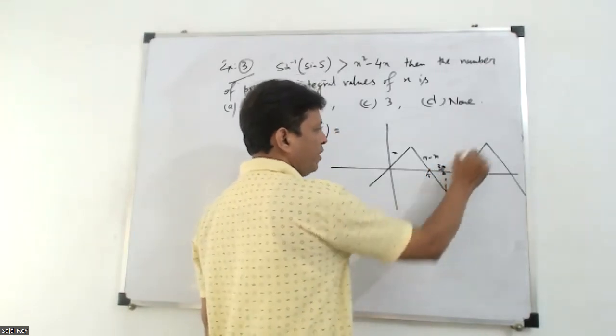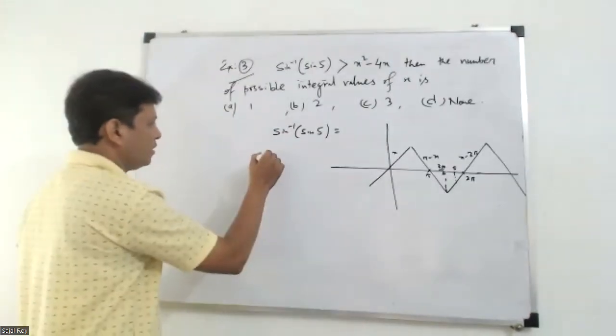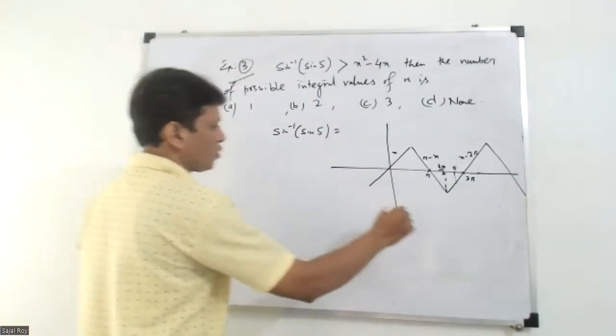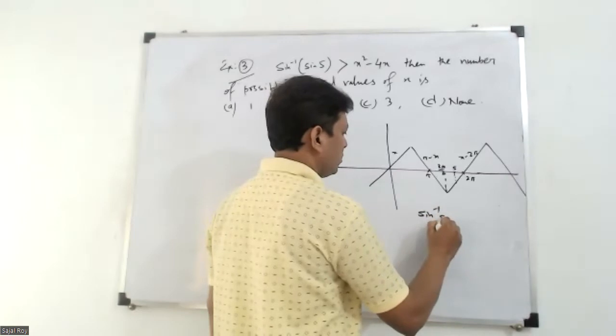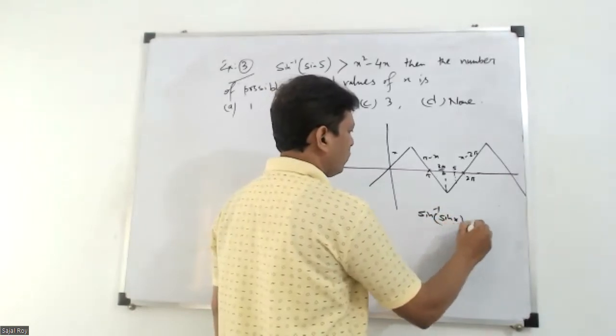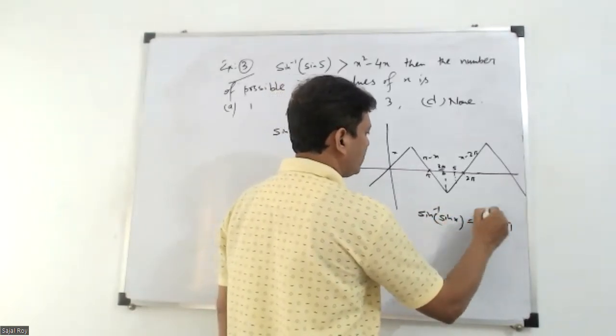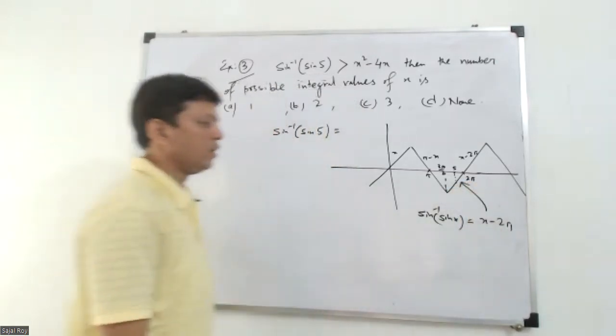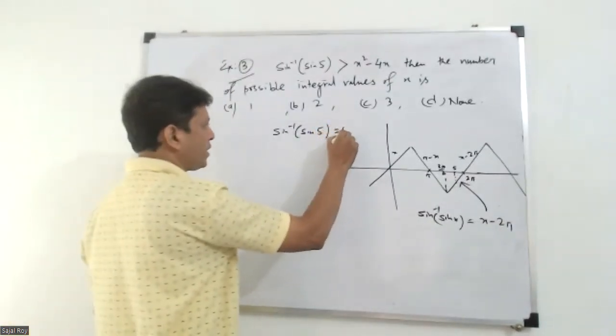So the graph is x minus 2 pi. So sin inverse sin x will be x minus 2 pi in this range. So it's going to be 5 minus 2 pi.